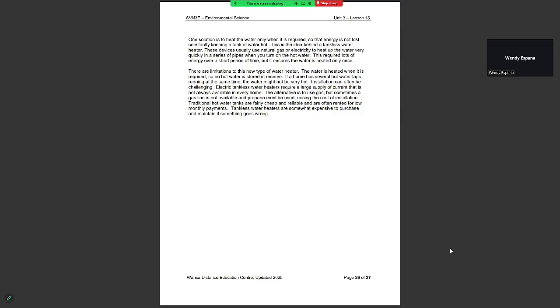Hot water tanks are usually not that expensive. Well, they're probably a couple of thousand dollars, I imagine. But tankless water heaters are usually more expensive to buy. And if anything goes wrong with them, it's probably more difficult to find somebody to fix them.